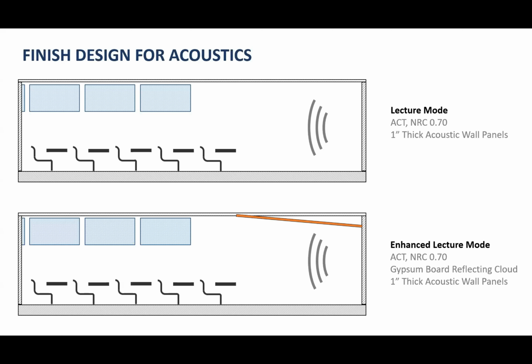It could be another shape, but essentially what that is doing is helping to enhance the presence of the first order reflections in the room. And that can be very beneficial, especially in larger room volumes. We've got the same base components of ACT with an NRC of 0.7 and also some 1-inch thick acoustic wall panels for this.